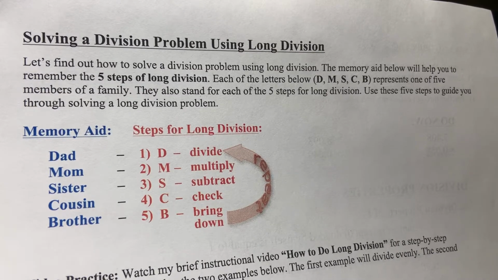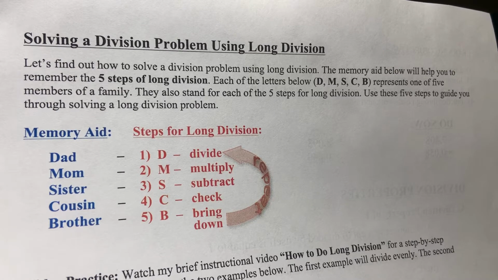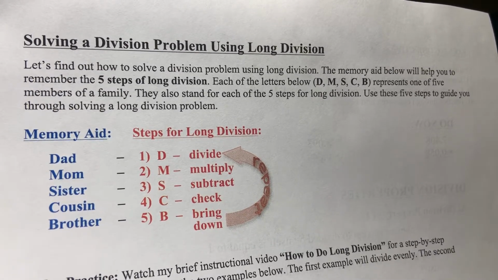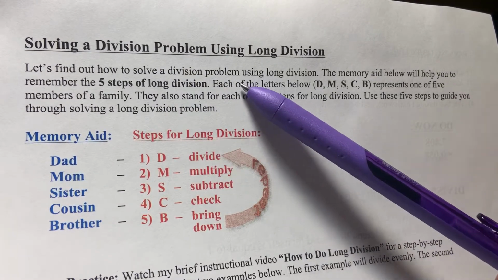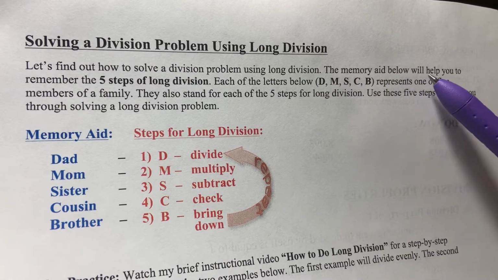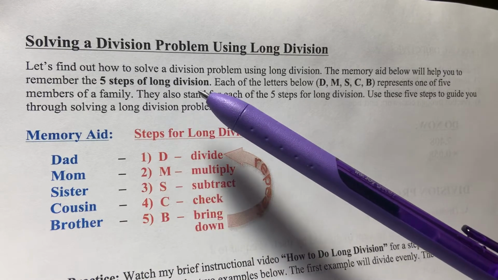Today's topic is solving a division problem using long division. Let's get right into it. So, as it says here, let's find out how to solve a division problem using long division. The memory aid below will help you to remember the 5 steps of long division.